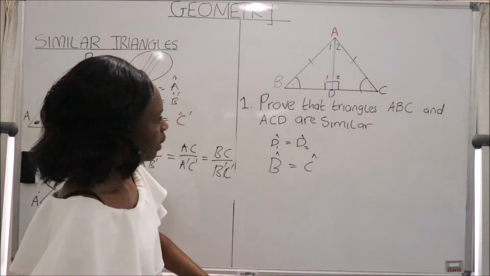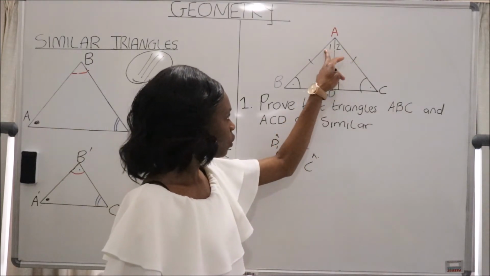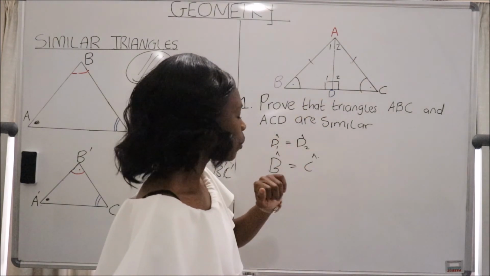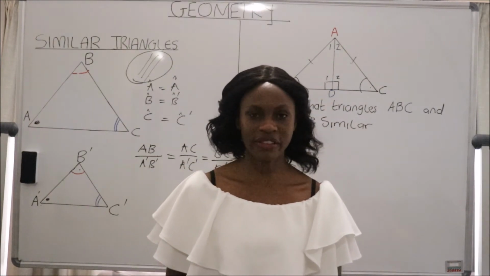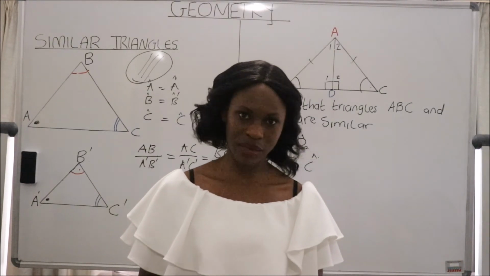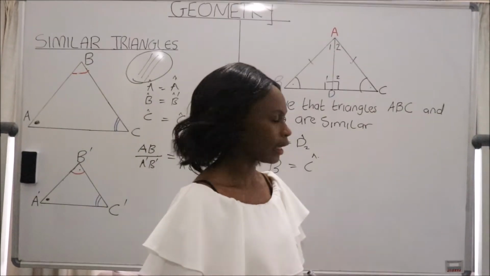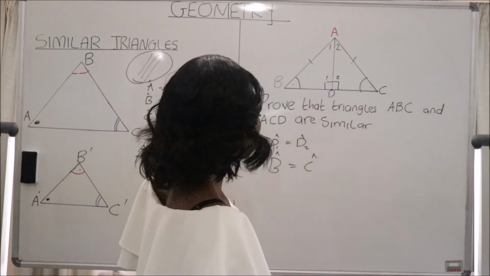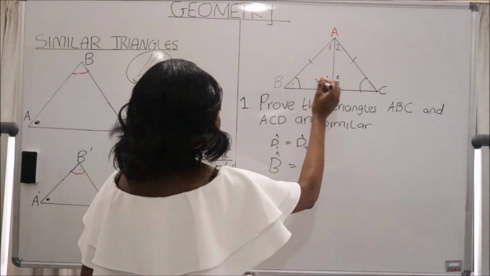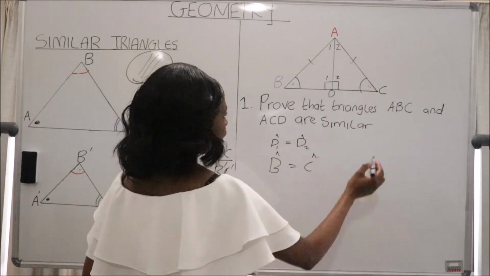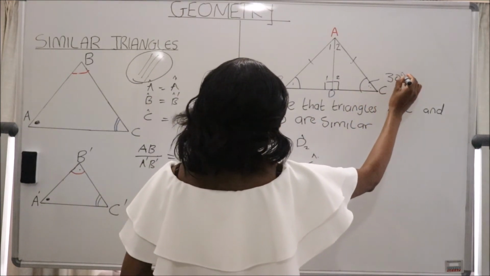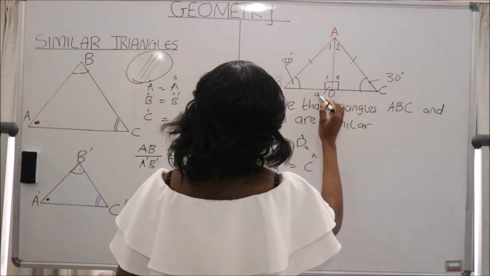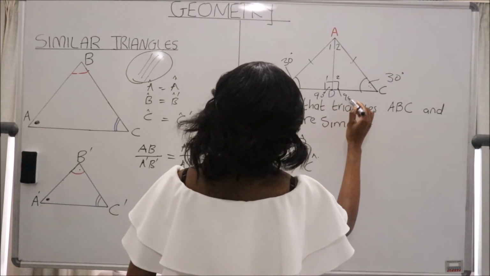Then moving on to this one, which is the angle A1 and the angle A2. After proving that, we will have enough reason that the two triangles are similar, and the reason will be angle, angle, angle. Angle A1 and angle A2 are also equal to each other. Reason being, if this angle is equal to 30 degrees, then this angle is also equal to 30 degrees. Here we have 90 degrees, and here we have 90 degrees.